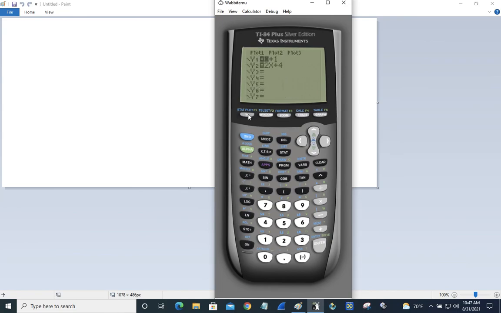I go back to my y equals menu and I'm going to clear out these answers. Let's go ahead and type each one of these in. Your negative button is down here. Don't use the minus button. Negative x plus 14 was my first equation. And then for my second equation, I need to make sure I put the fractions in parentheses.